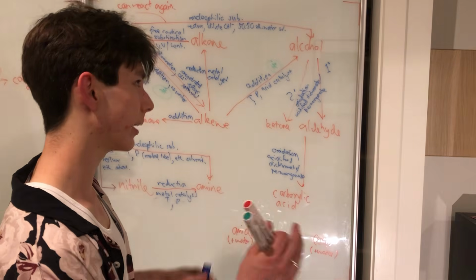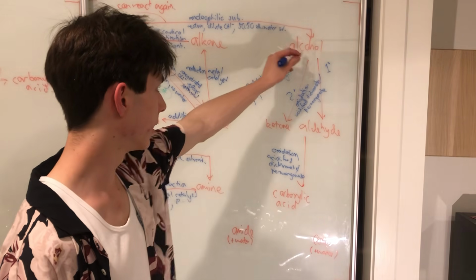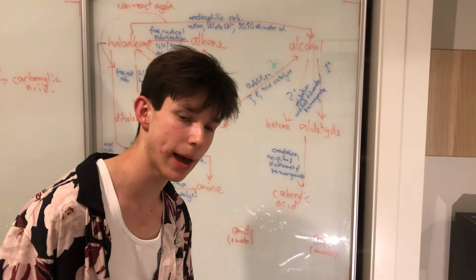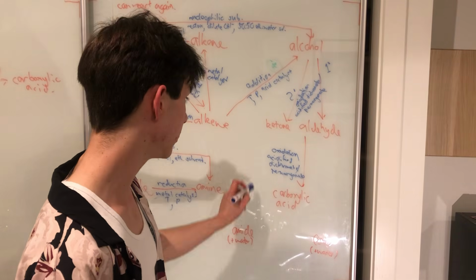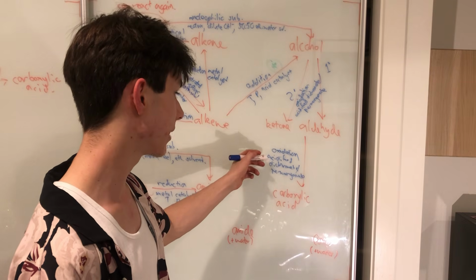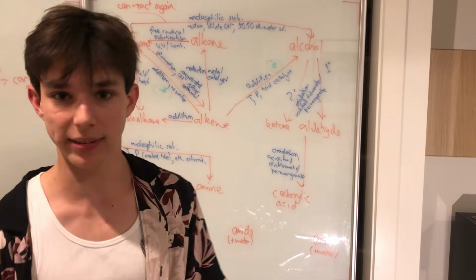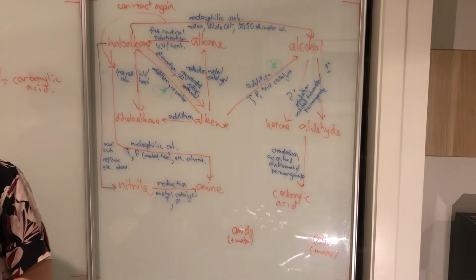You'd be balancing redox, but you need to know that this is a reaction that will readily happen. The condition is you need an acidified dichromate or acidified permanganate oxidizing agent. That's your condition.